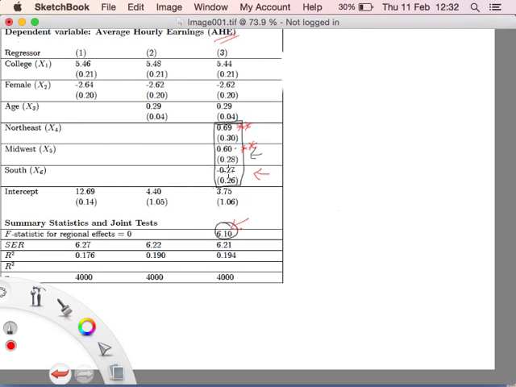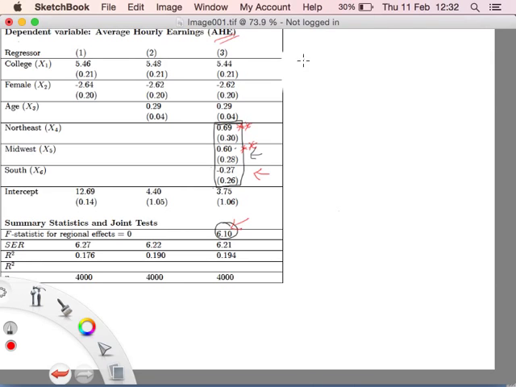You see, it's all relative to the West. But where is your West? West is omitted. So basically Juanita earns 27 cents per hour less than Molly, who is from the West, if you read the question.